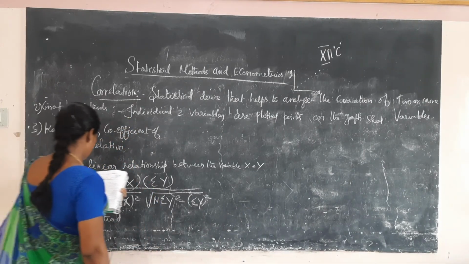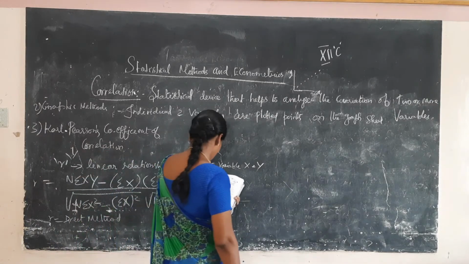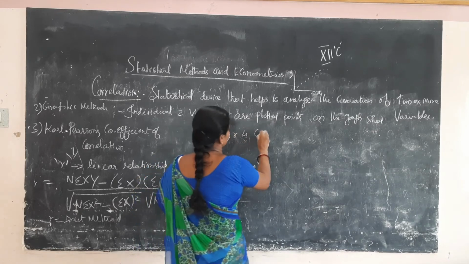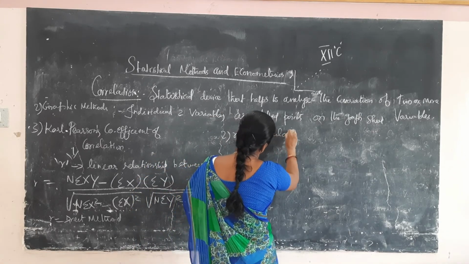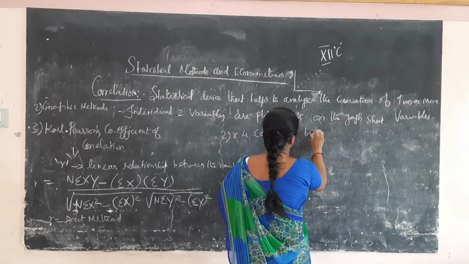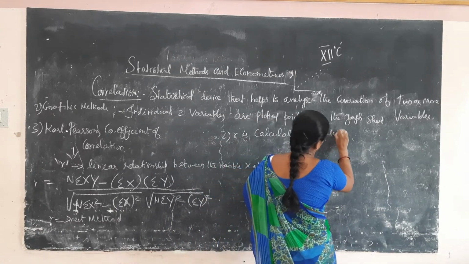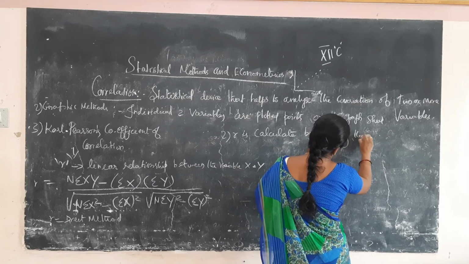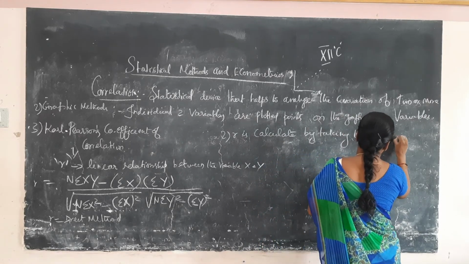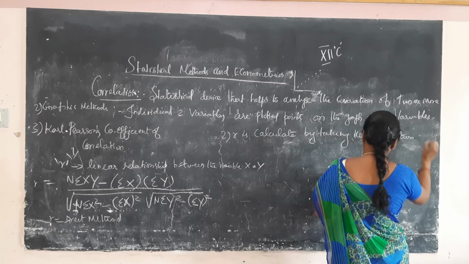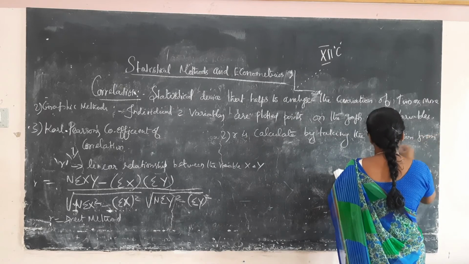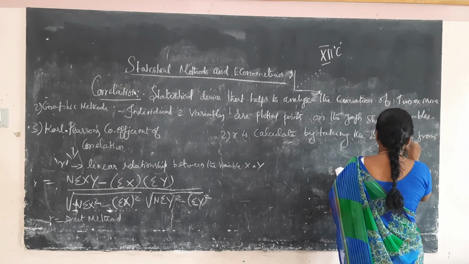Second, R is calculated by taking the deviation from the actual mean.